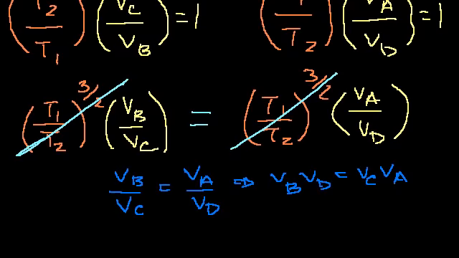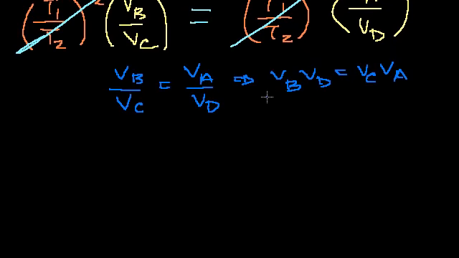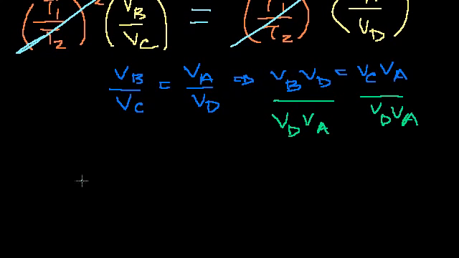Now, if we divide both sides by VBVC, actually, let's do it the other way. Let's divide both sides by VDVA. What do we get?